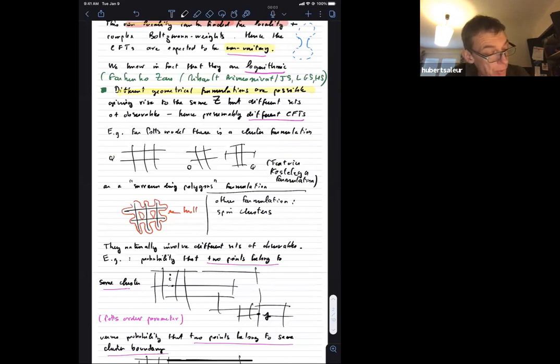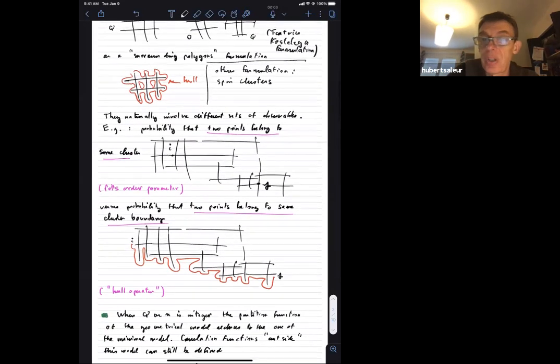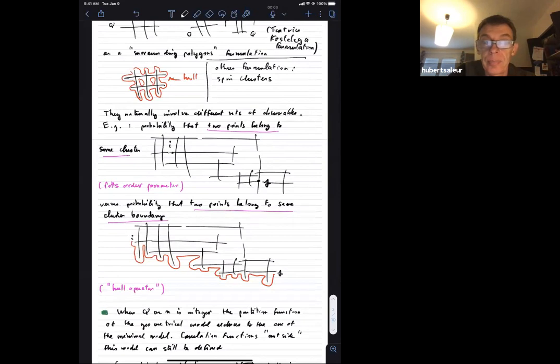So the fact that the geometrical formulations involve different sets of observables is, again, a source of confusion here. I wanted to explain it a little bit further. For instance, in the Potts model, we and others have studied different kinds of quantities, the simplest of which concerns the probability that 2 points belong either to the same cluster or to the same cluster boundary.